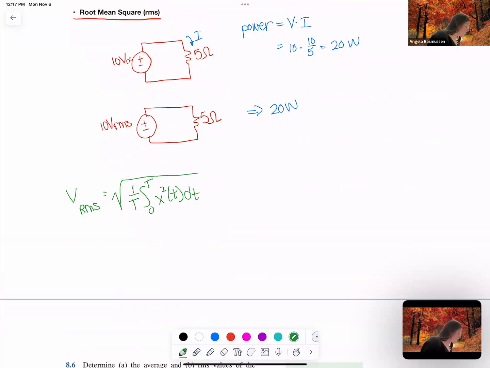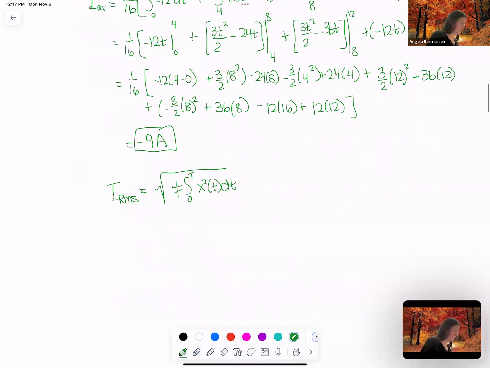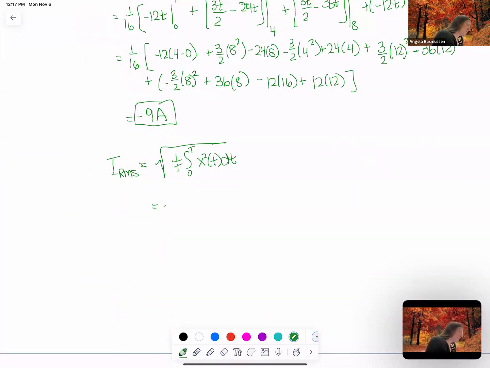So for this one, we have to do the whole thing again and square root it. So square root of 1 over 16, and then each section of it. Between 0 to 4 of minus 12, you square it, dt.